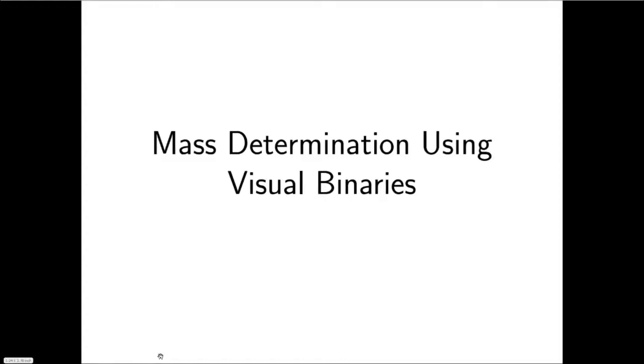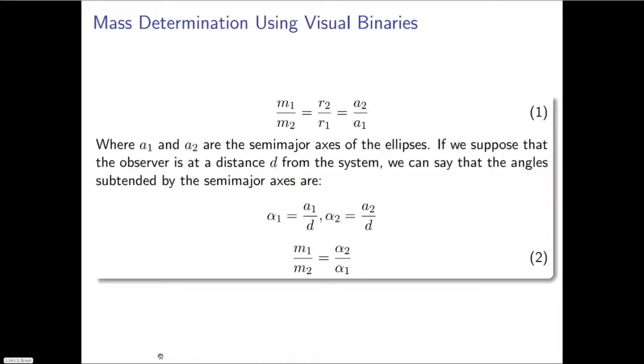Next slide, please. Now we know that this binary system will have a center of mass, and any system which has its own center of mass will revolve around that center of mass.